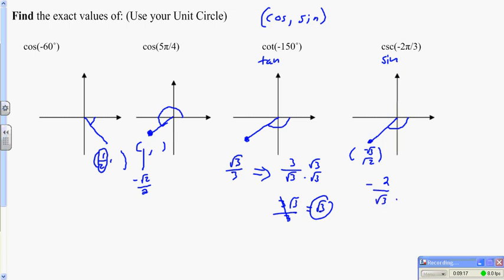And we rationalize. We get negative 2 root 3 over 3. So even if it's a reciprocal function, find the regular function and just reciprocate what you have and rationalize if necessary.